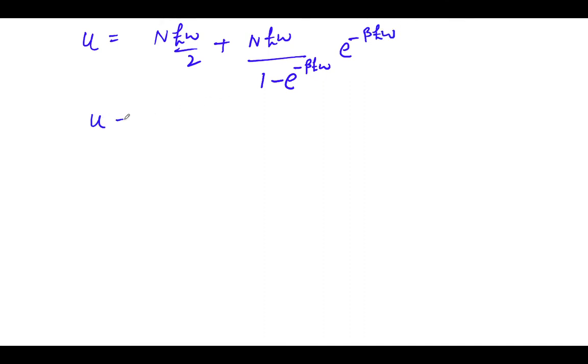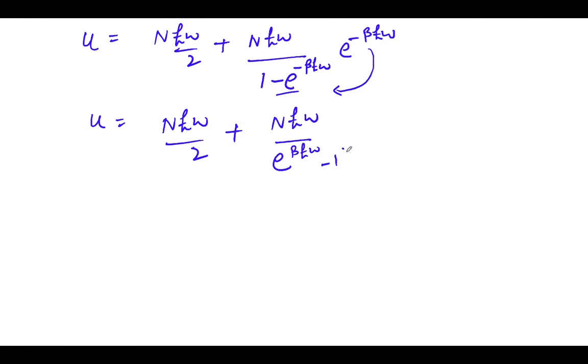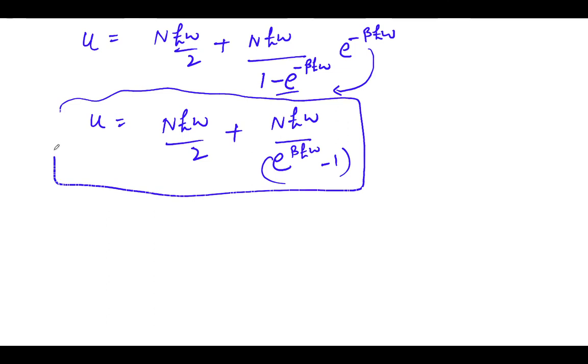I can rewrite this equation as n h bar omega over 2 plus n h bar omega over, if I move this term into the denominator, e to the beta h bar omega minus 1. Now this equation is quite crucial.